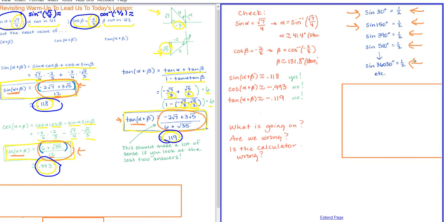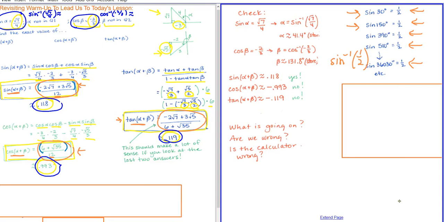But your calculator can't give you infinitely many answers when you ask it to find the angle whose sine is 1/2. So when you type in inverse sine of 1/2, you're asking it for the angle whose sine is 1/2. Your calculator only knows how to give you one answer to that. And that should remind you of something. Think about functions. Functions have only one output for each input.